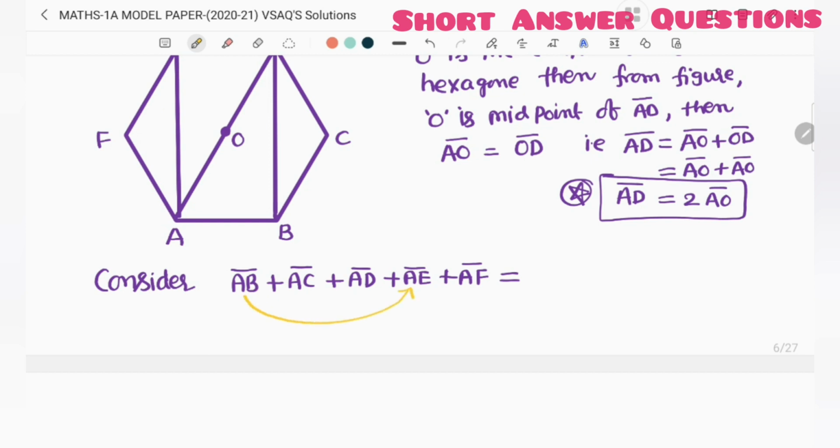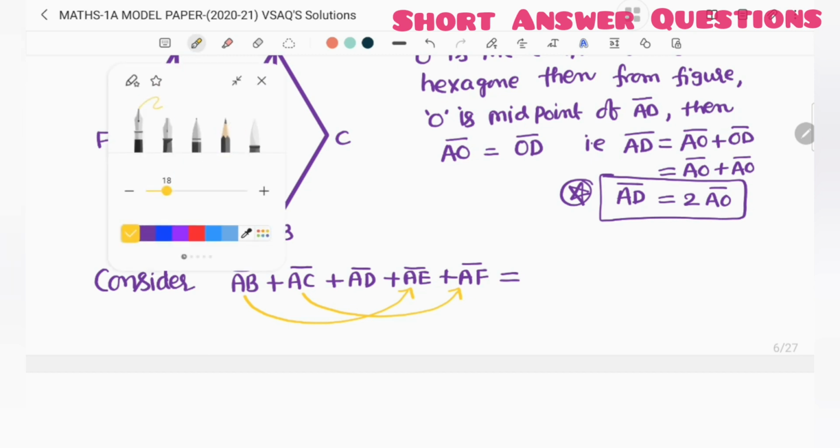This is one term. AC and AF another term. AD you can keep like this only. So whatever I mentioned in brackets, that we can keep as one term.